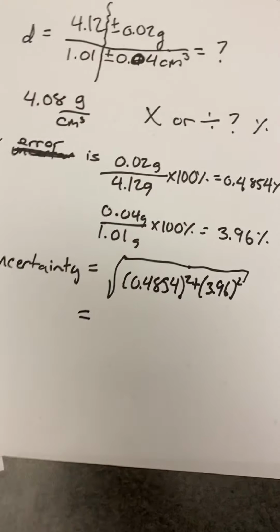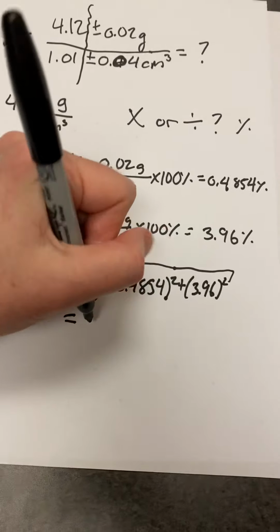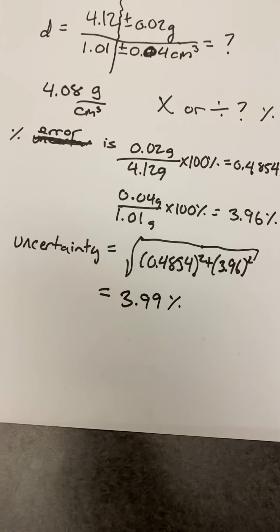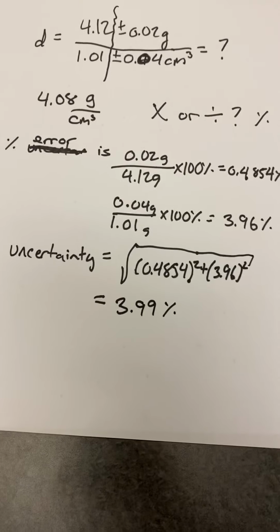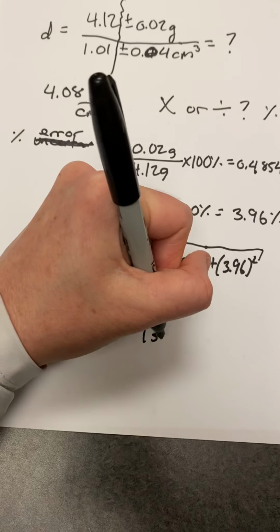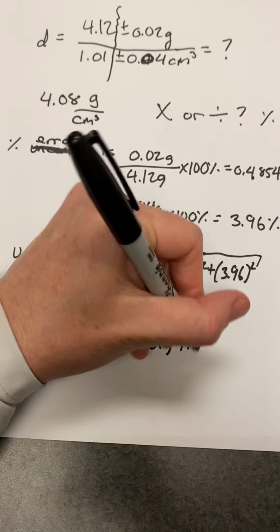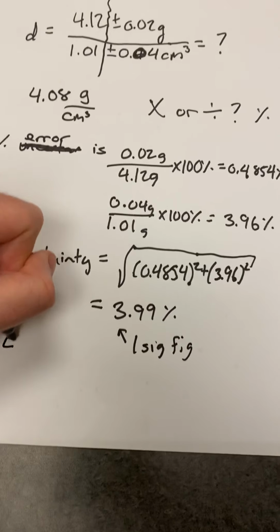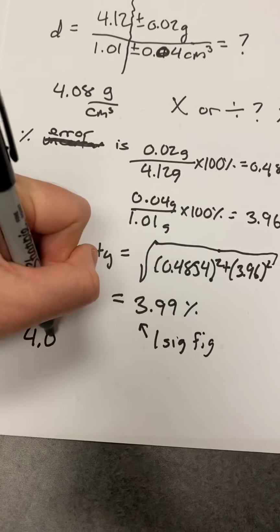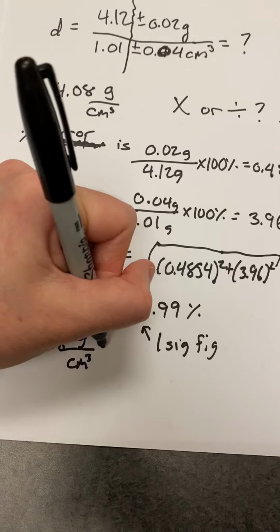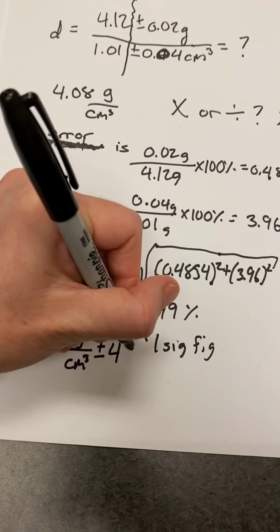If you go through and you calculate all this out, you'll find out that you get a 3.99% uncertainty. And just like the addition and subtraction, you're going to want to round this to 1 sig fig. So we end up getting an answer for the density of 4.08 grams per centimeter cubed, plus or minus 4%.